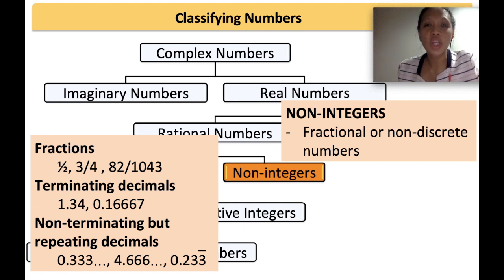So, ang ating non-terminating but repeating decimals is pwede din nating i-express as a fraction. So, for example, yung 0.333 and so on, this is actually just equal to 1/3. So, kaya ang ating non-terminating but repeating decimals fall under the category of non-integers.